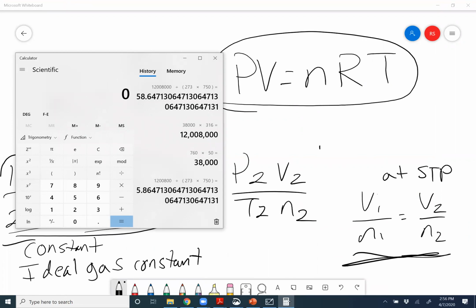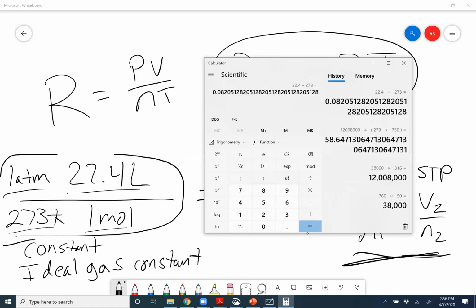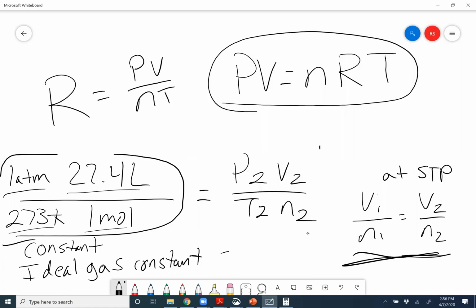We have 22.4 liters times 1, so 22.4, and then divided by 273 times 1 to give us a number. And so the ideal gas constant is 0.0821 atmospheres, liters, Kelvin, moles. That is the ideal gas constant. That's where it comes from.